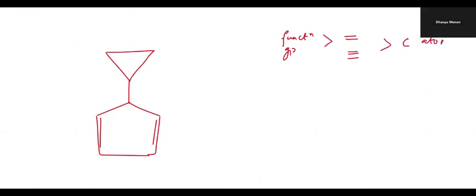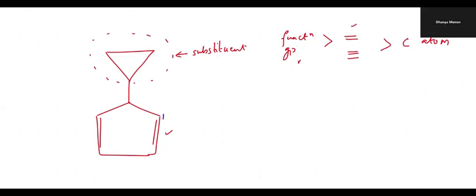In this case, we don't have a functional group, but we have a double bond here. So this is our word root, and this is our substituent. Okay, and let's go for numbering. Numbering, the double bond will get the smaller number 1.